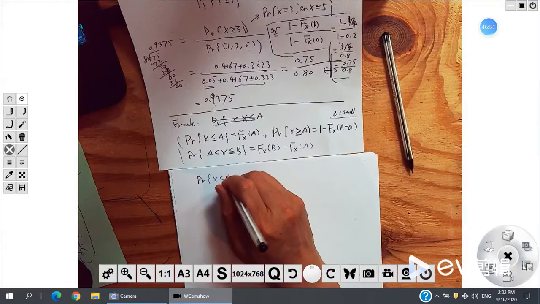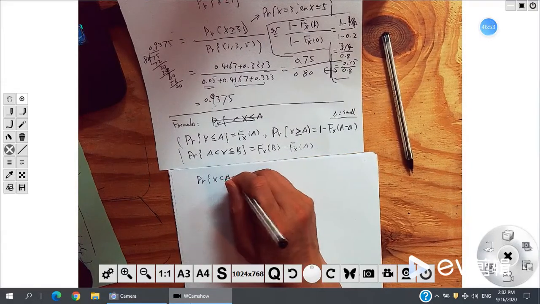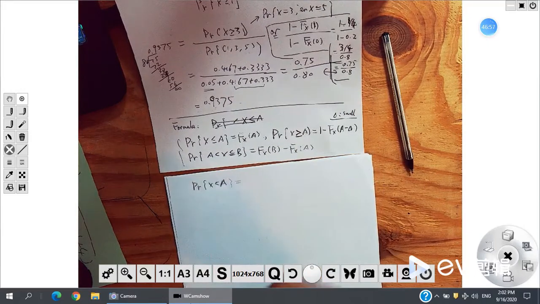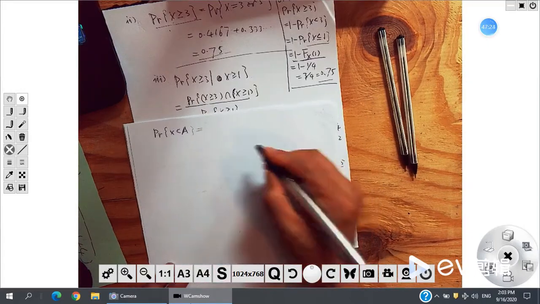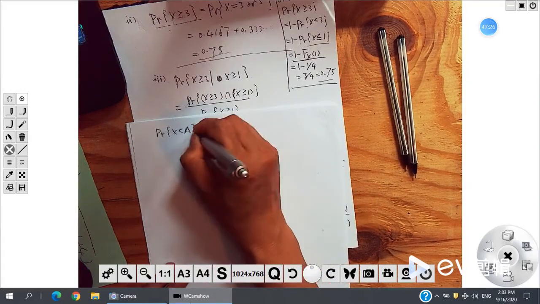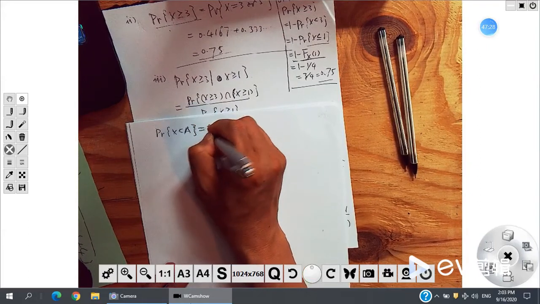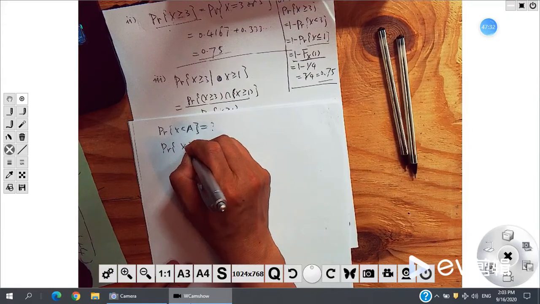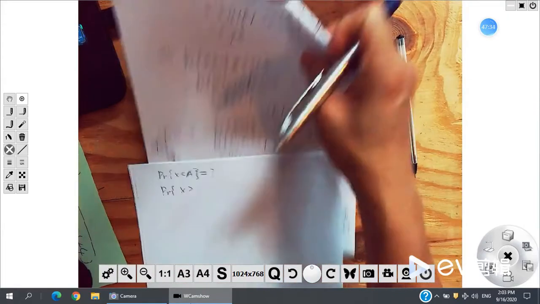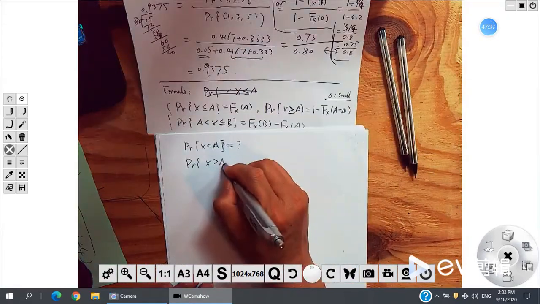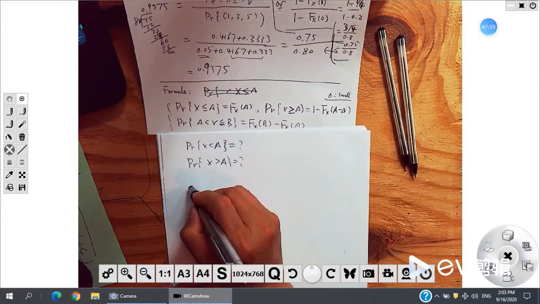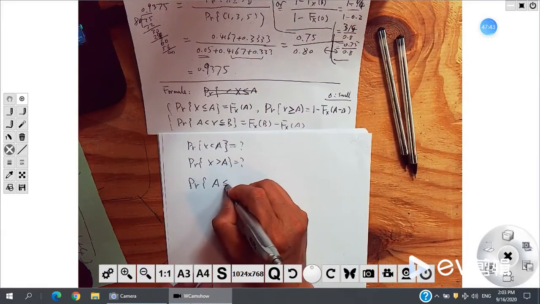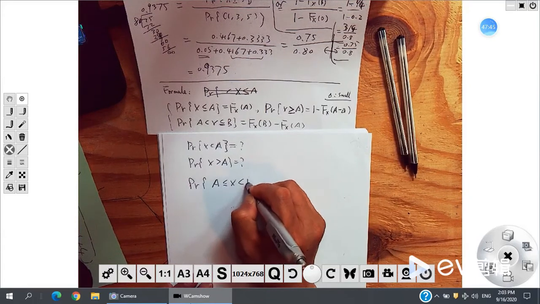You can also think about, other than these three, something like this. What is this? The probability of X larger than A, and the probability of A smaller than or equal to X smaller than B with no equal.